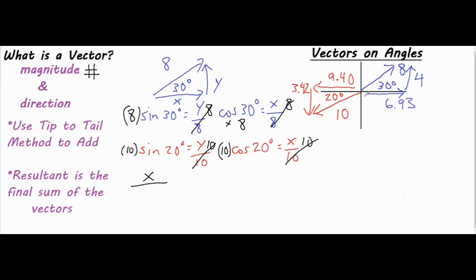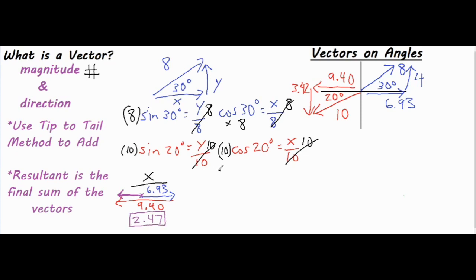So we have 6.93 going to the right, and then we have 9.4 going to the left, which means that our final answer is from here to here. Okay, so if you take 9.40 and then you subtract 6.93, you get an answer of 2.47 for this horizontal vector.